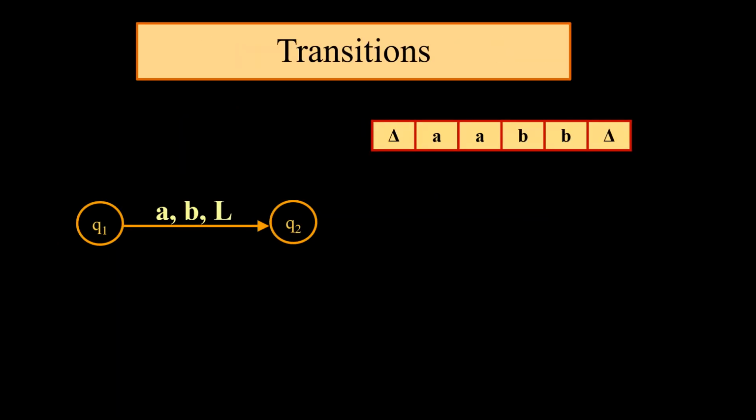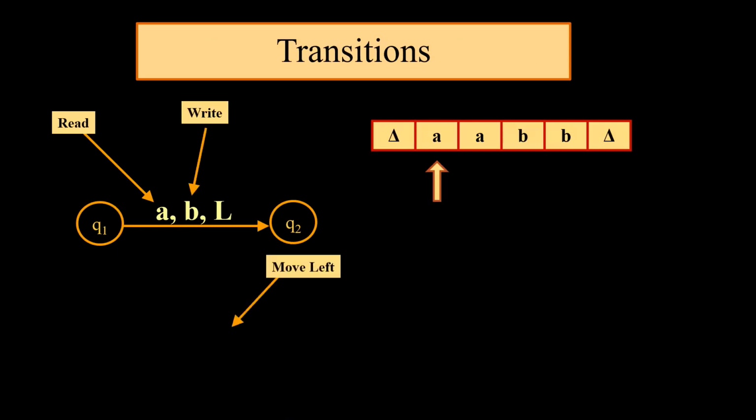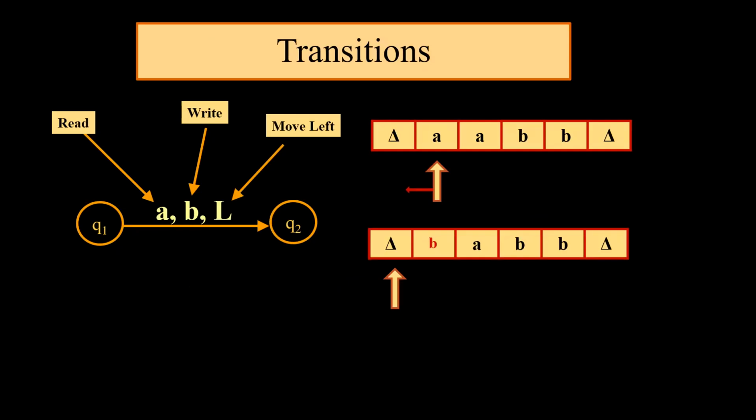Say for example, we have a transition from state Q1 to Q2 and it is represented by A B L. The tape has input AABB. The tape head is right now on A. So it will say read input A, write input B and move towards left. So this is how the transition will take place from Q1 to Q2.